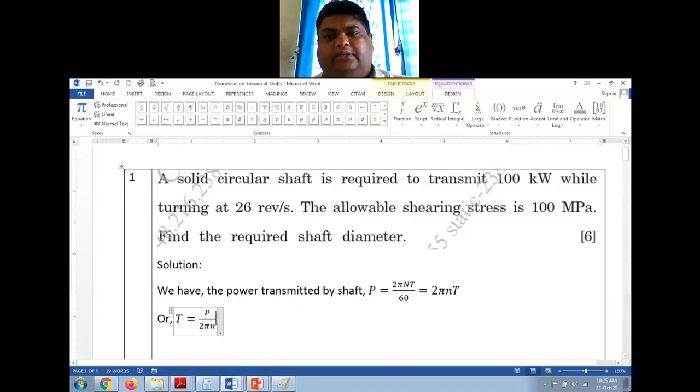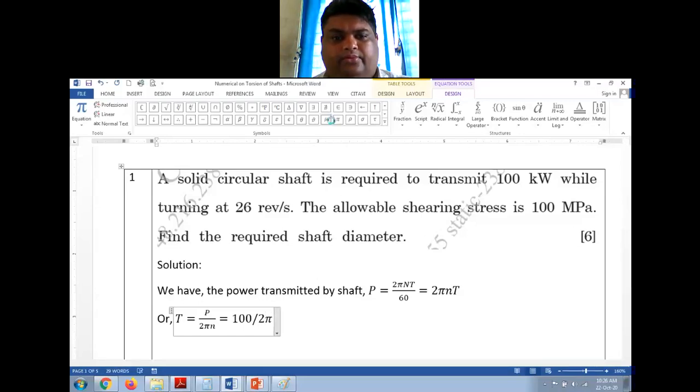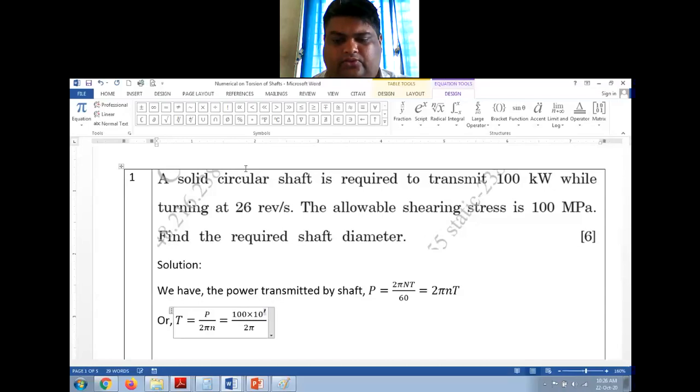See, P is in kilowatt, so you should put it in watts in this equation. So this will be 100 into 10 raised to 3, since this is kilowatt, by 2 pi N, where N is 26.